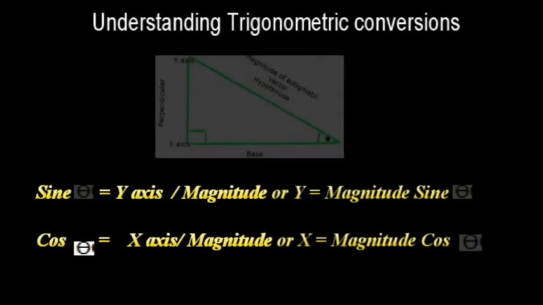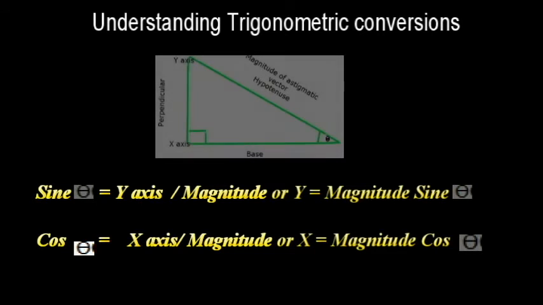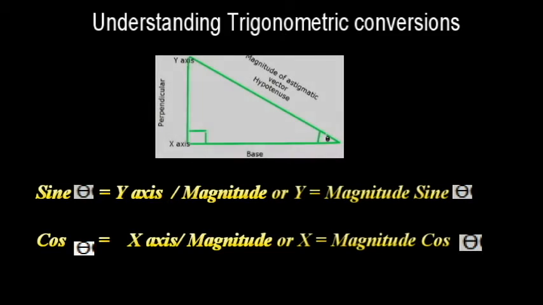Hypotenuse is the magnitude, so we can express the y coordinate as the magnitude multiplied by sine theta. And we can also interpret the x coordinate as the magnitude into cos theta, because we can simply replace the hypotenuse with the magnitude here.